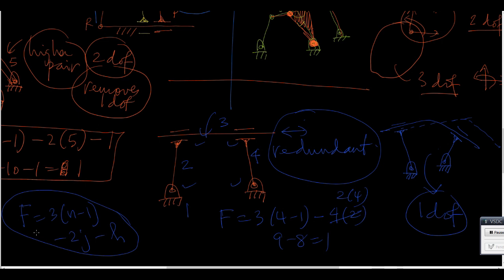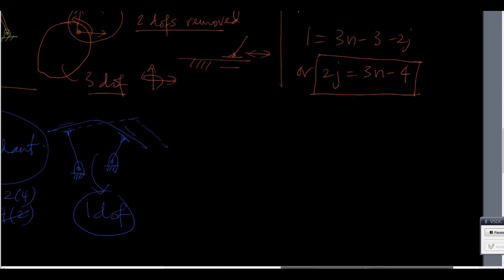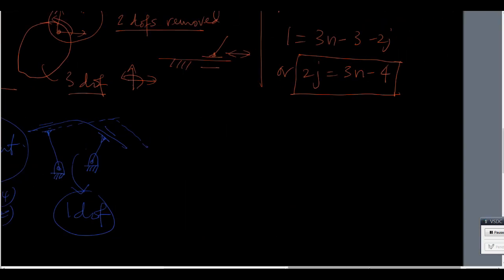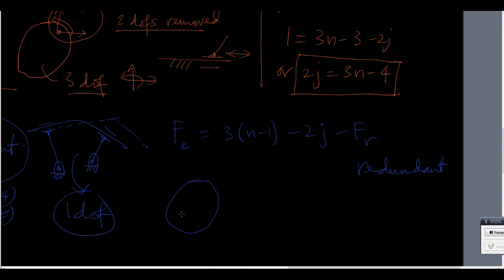Okay, but if we have redundant degrees of freedom, then we may wish to write it like this. Then we say F effective is equal to 3 times n minus 1 minus 2j minus F redundant. These are redundant degrees of freedom.